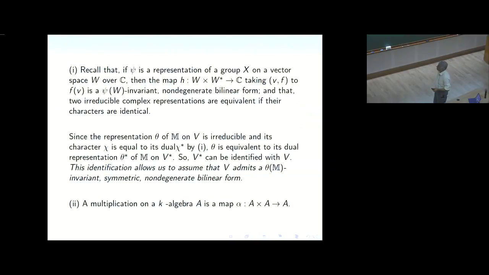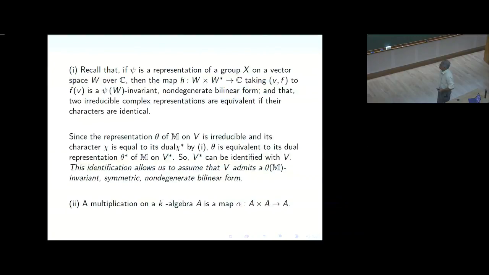Let's look at some very basic things. Recall that psi is a representation of a group G on a vector space W. Then H from W cross W star to C is a chi_W invariant non-degenerate bilinear form. Two irreducible complex representations are equivalent if their characters are identical. This is what we learned in our first course.